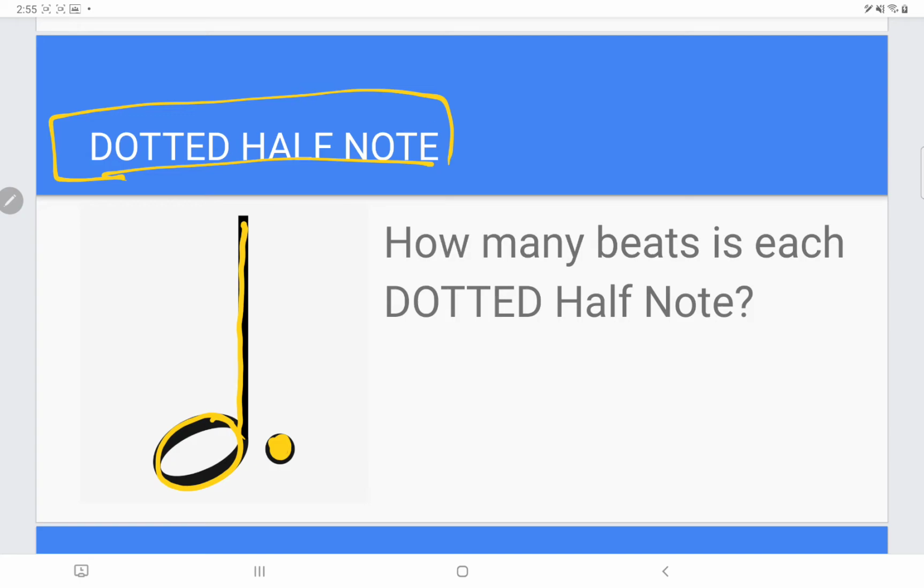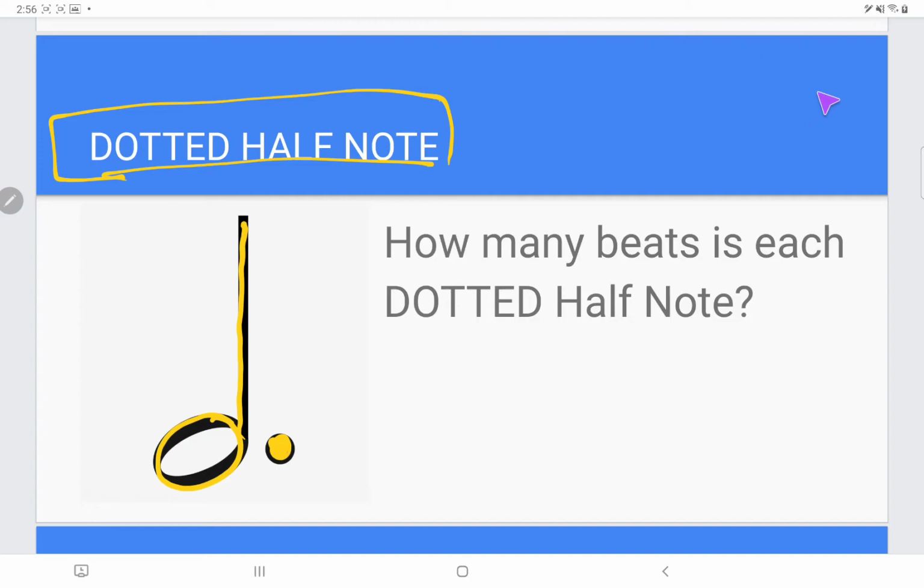So if it's outlined in yellow, like this title or this label, write your note, and then usually how many beats it's worth. So my dotted half note is very similar to my half note because it looks almost the same. They've just added this extra little dot following it. Now what that dot does is it adds 1 extra beat to my half note.